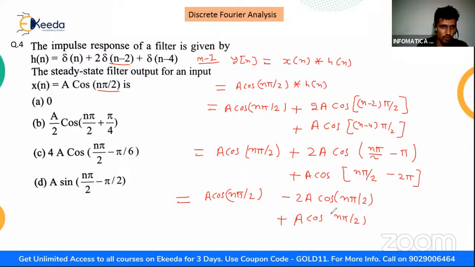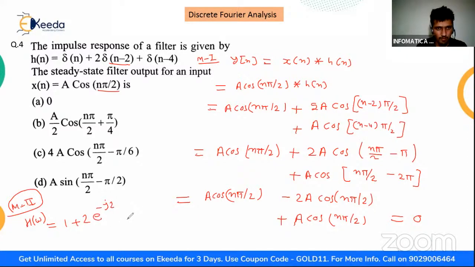In method 2, you just find out H of omega, which is very easy. Let me write: this is 1 plus 2 e to the power minus j 2 omega plus e to the power minus j 4 omega, and just put omega equals pi by 2.